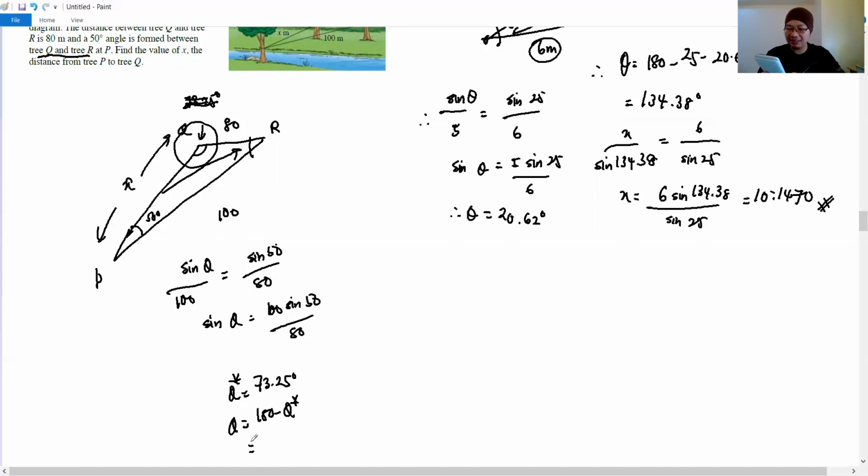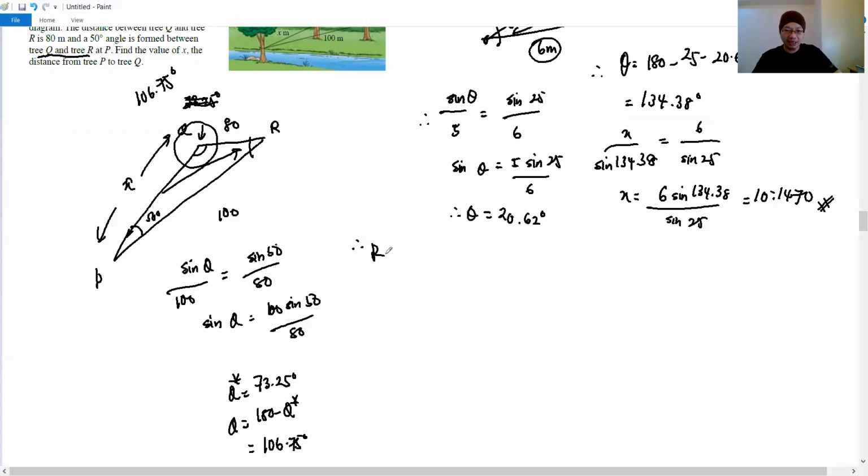So 180 minus the answer 73.25, then you are supposed to get 106.75 degree. So actually this one is 106.75 degree. Since we already have the value of Q, now we can find the value of R here.